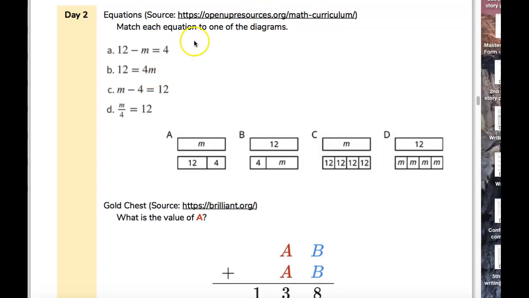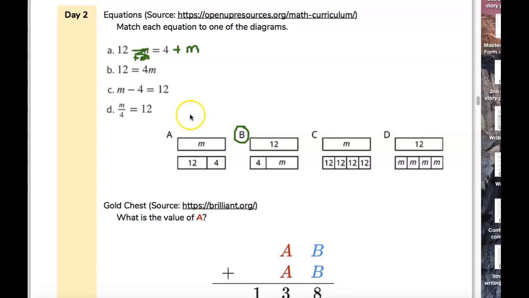So look, if we add m here, then that cancels out those m's, but then we also have to do that here. 4 plus m, you see, so this is gone, and you're left with 12 equals 4 plus m. That might help you to see it a little more clearly.